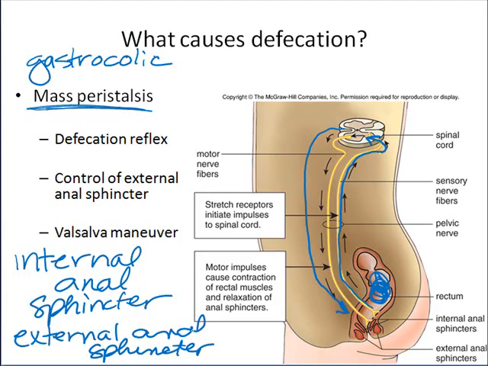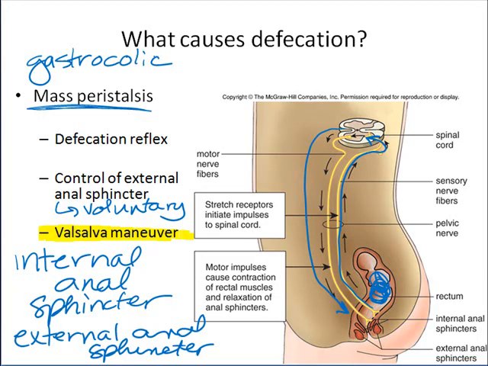So that control of the external anal sphincter is voluntary. We can decide when to actually relax the external anal sphincter. To assist with the defecation process, the actual contraction and movement of the feces out of the body, we can utilize something called the Valsalva maneuver. The Valsalva maneuver is the same kind of maneuver that's used when women are bearing down during childbirth.